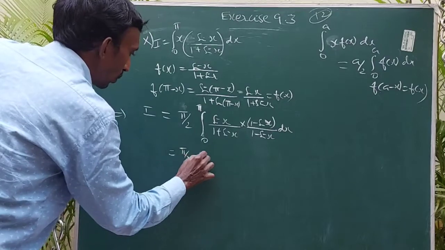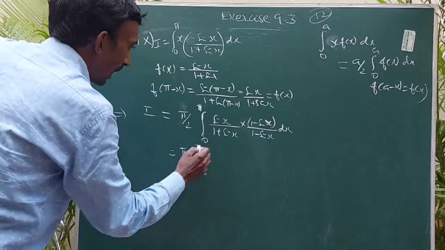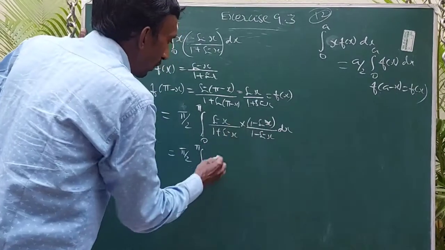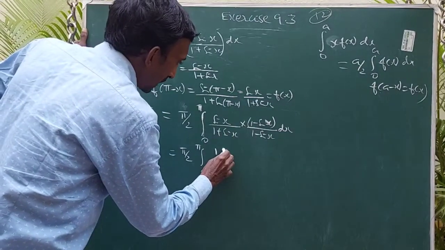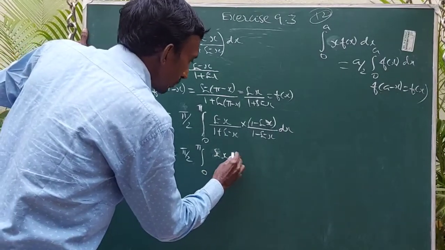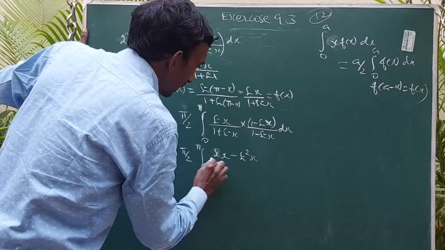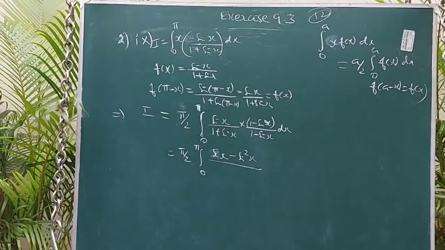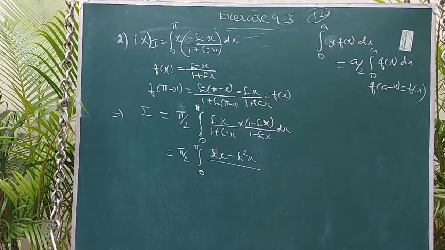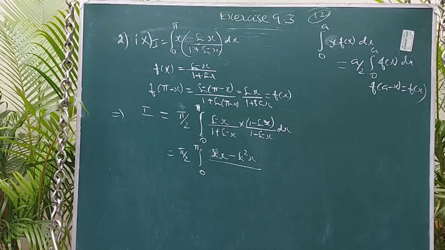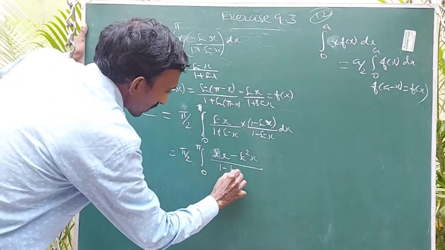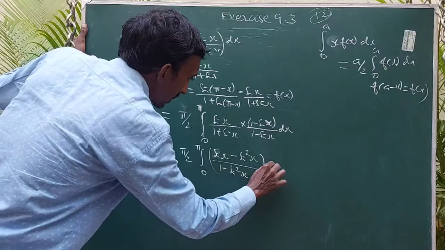So pi by 2 integral 0 to pi, multiply inside: sin x minus sin square x by 1 plus sin x into 1 minus sin x, that is 1 minus sin square x, dx.